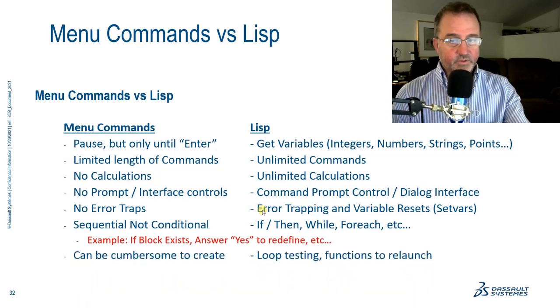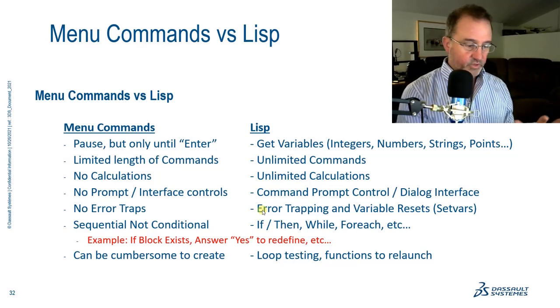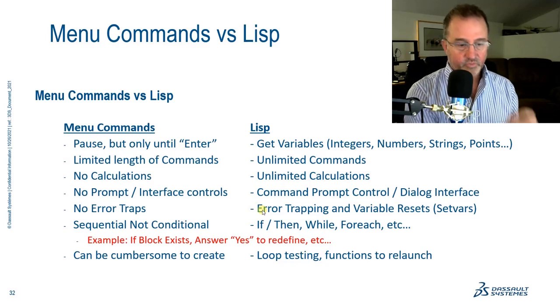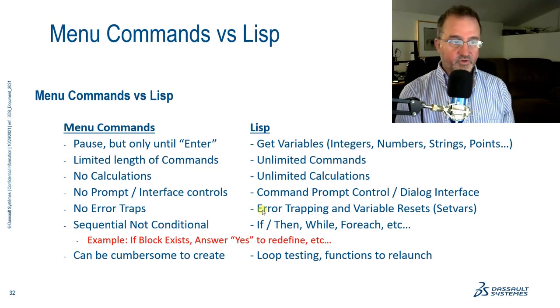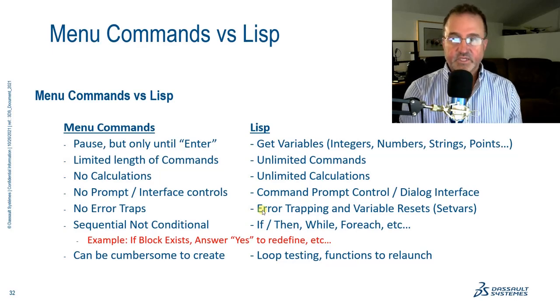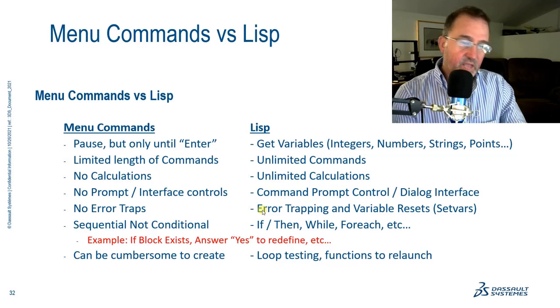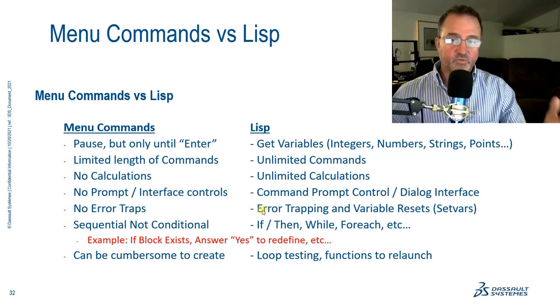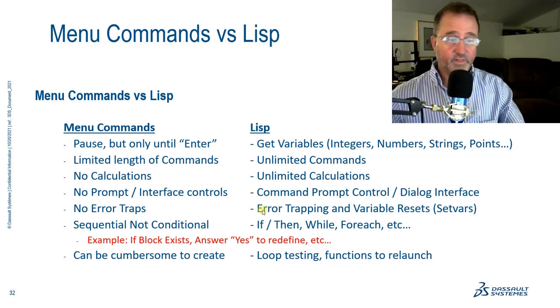Now, menu macros seem very easy, but they can be very cumbersome at times. My recommendation is when you get to the point where you're creating macros, write down your steps one at a time, do it manually at the keyboard, and then try to replicate exactly those keystrokes as you create the macro. They can be cumbersome, especially when you get into really lengthy ones. Let's say I want to create a bunch of layers, 20 or 30 layers.